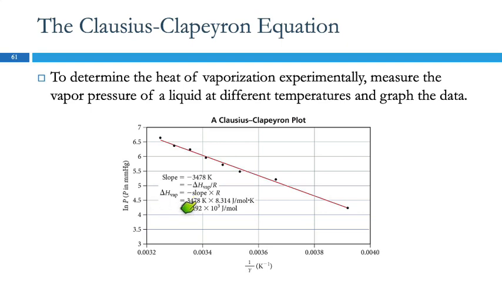Delta H then is equal to negative slope times R. The R that we're using here is the 8.314 joules per mole Kelvin because we're dealing with energy. So we're going to end up with a value of joules per mole. And so you can calculate the heat of vaporization that way.